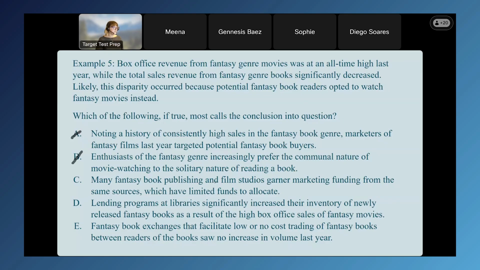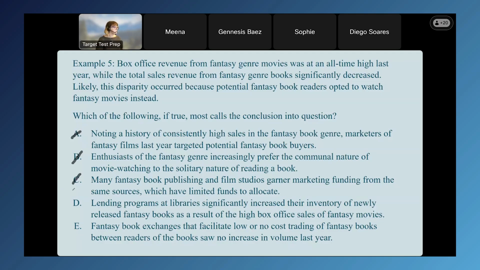Even if there are limited funds and it's all going to movies or it's all going to books, we already know more from the passage than anything we could learn from this answer. We already know the behaviors and that's what we care about, not whatever is going on with marketing. So this one seems irrelevant, but it's really just off topic and it does not have a clear impact.